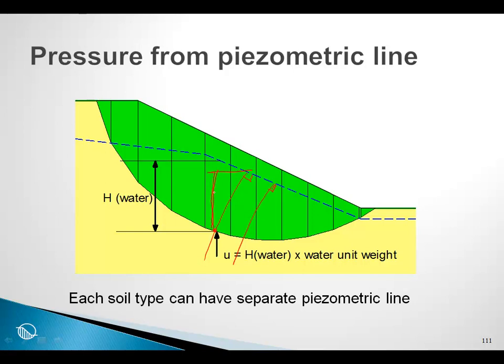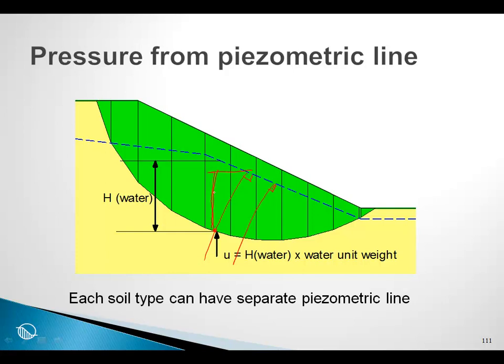In this sense, using piezometric lines in Slope W is an approximation. But in light of everything else that is known about the soil conditions, it is not a bad approximation and is used very extensively in many different situations.